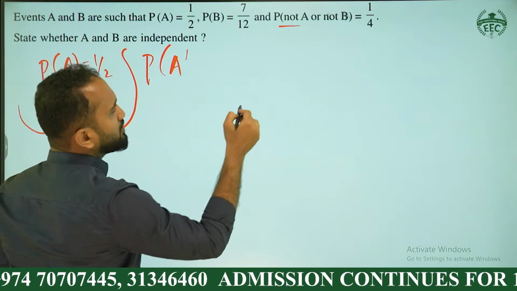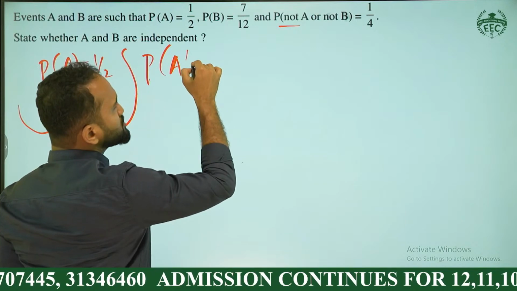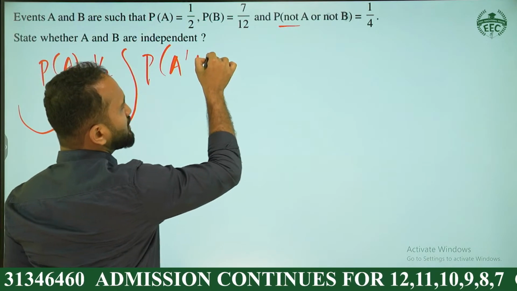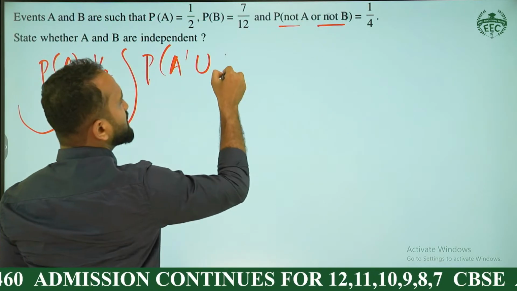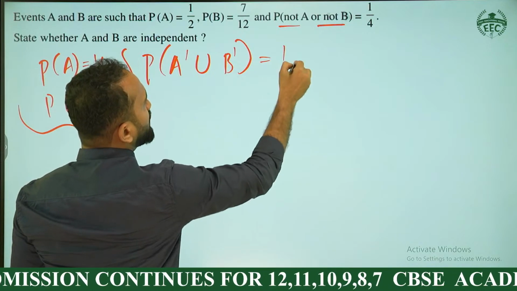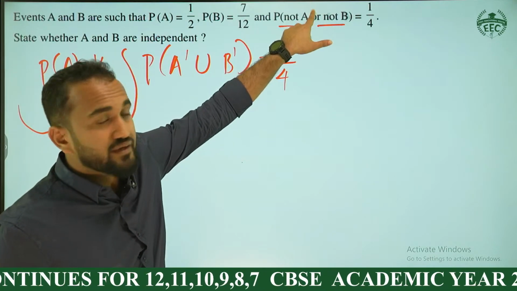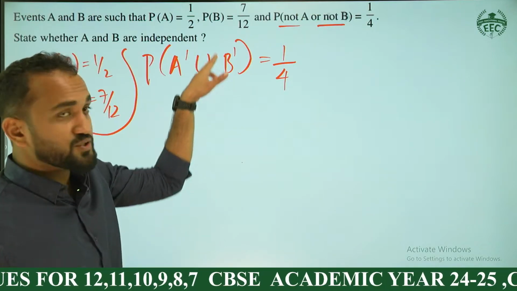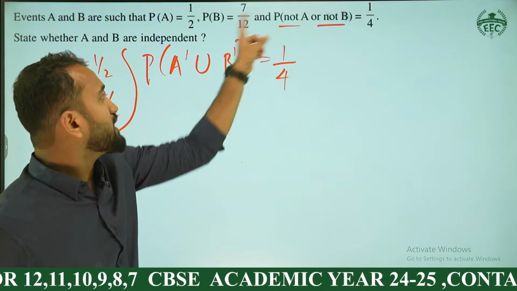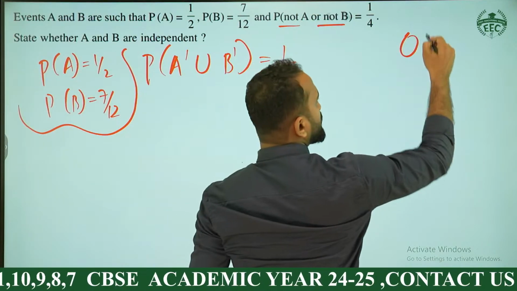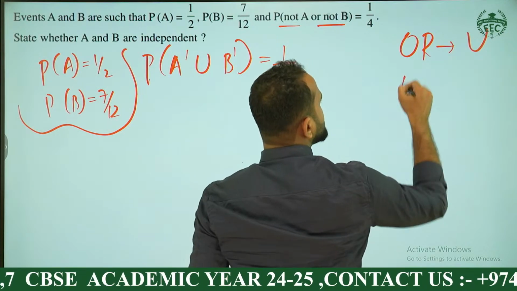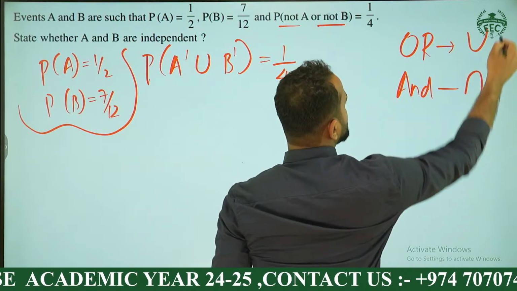A dash, A complement, or it is usually represented using the symbol union. Not B, that is B dash, is equal to 1 by 4. Remember, if it is and, you can call it intersection. If it is or, it has to be union. Remember, if it is or, you have to take union. If it is and, you have to take intersection.